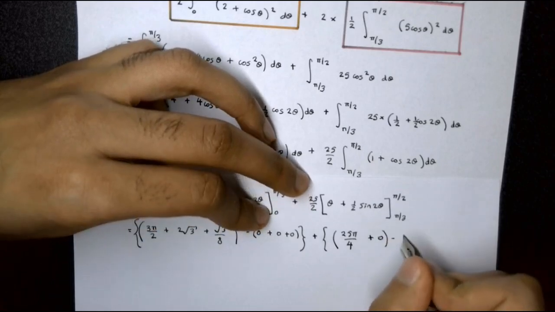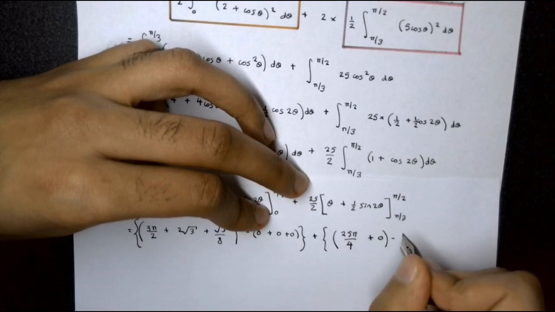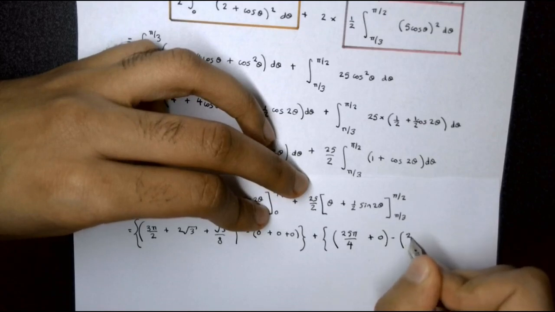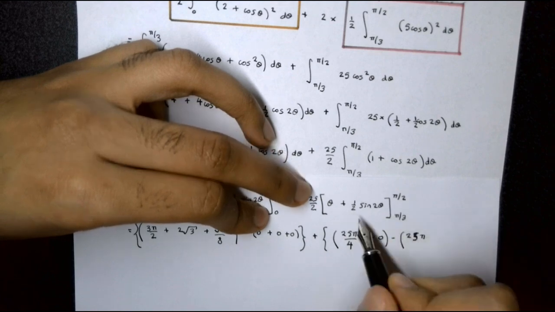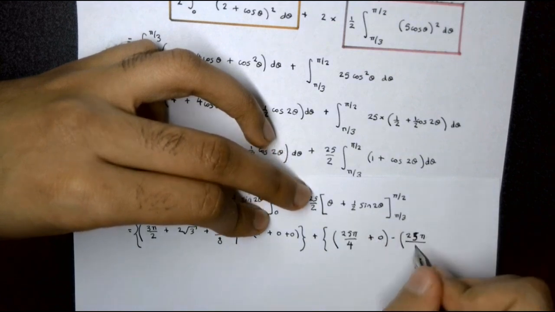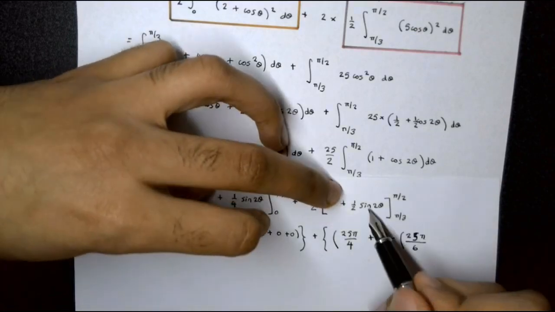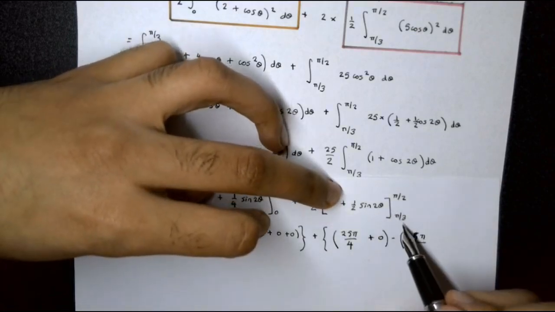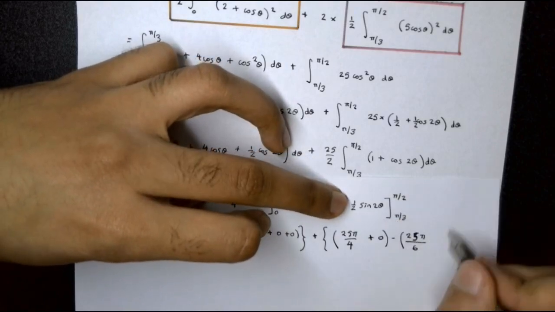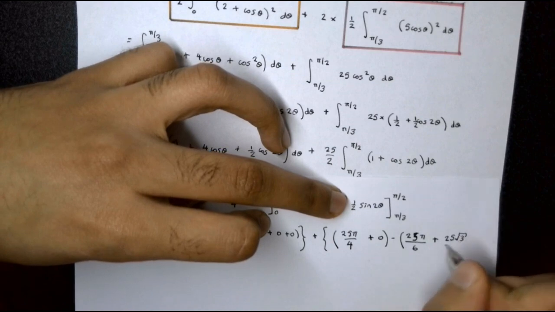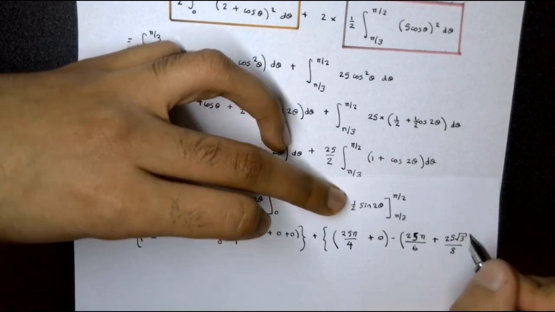And then for the lower bracket, we get 25 pi over 6, and then we've got sine of 2 pi over 3 times a half, so we add on 25 root 3 over 8.